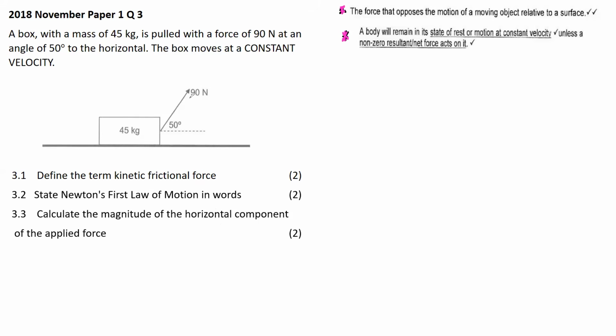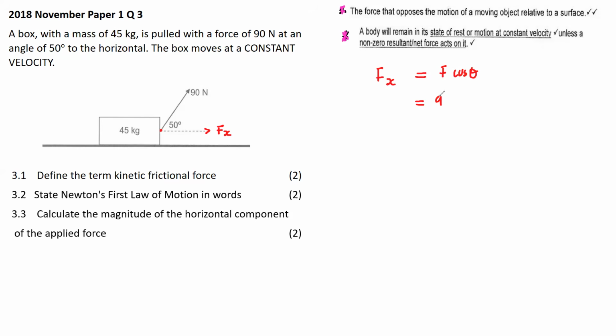So the applied force has 90 newtons acting at 50 degrees. And I remember when I explained everything, I said in a situation like this, the horizontal component Fx is going to have the formula Fx equals F cos theta.